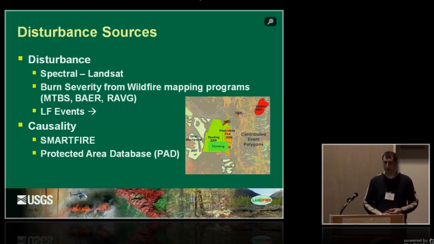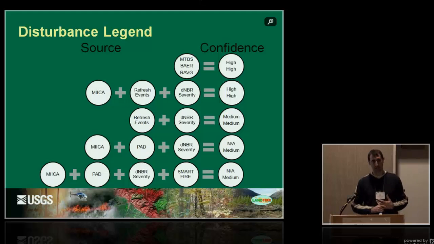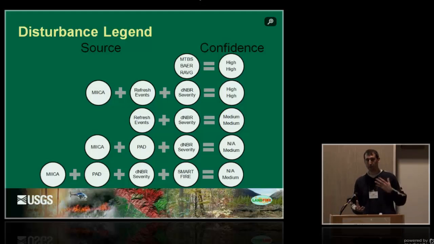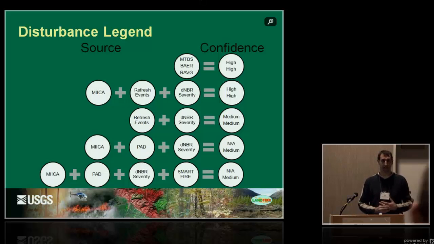So just a little bit more about how this legend comes together. At the top, the thing that we're the most confident in terms of severity and causality is that MTBS, BEAR, and RAVG conglomeration data set. So that's our highest confidence, and that gets entered into that disturbance product pretty much straightforward with just a minor recode.